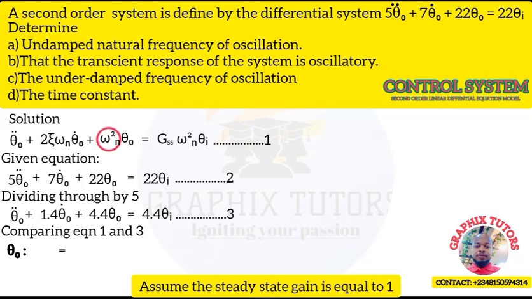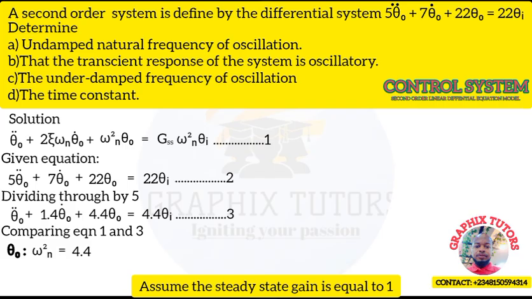On the left hand side, my theta sub O with no dot has a quotient of omega sub n square, which is the natural frequency. And on the left hand side of equation 3, we have theta sub O with the quotient of 4.4. So omega sub n square equals 4.4.